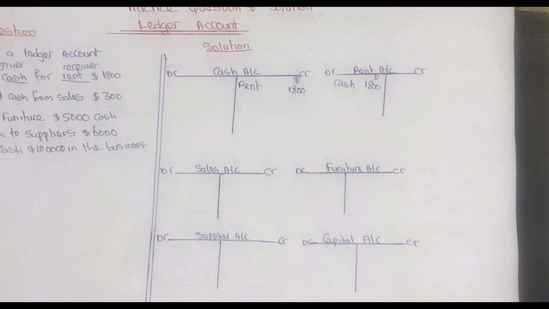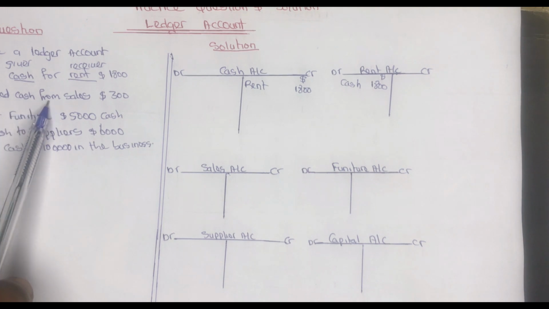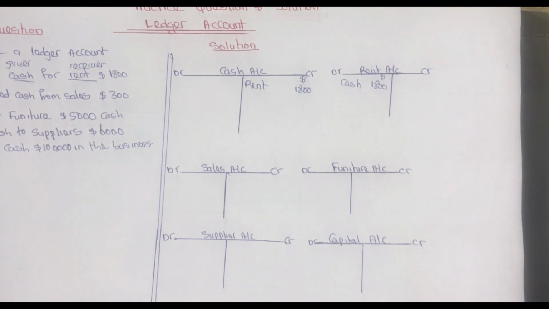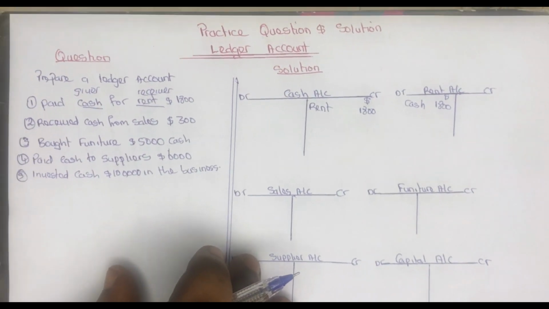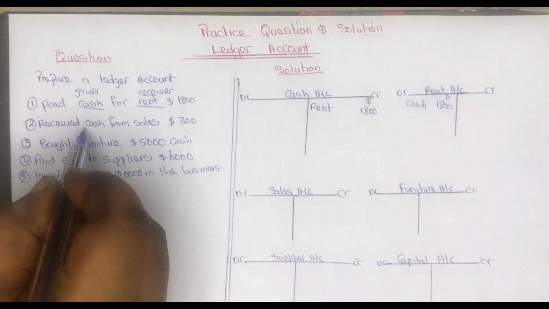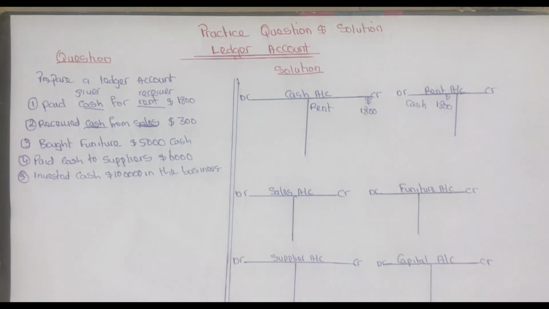So let's look at the second transaction. The second transaction says receive cash from sales, 300. So if you are receiving cash from sales, we have the two accounts here. We have the cash account and the sales account.